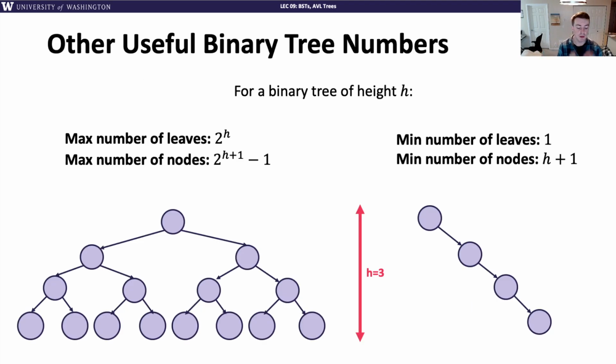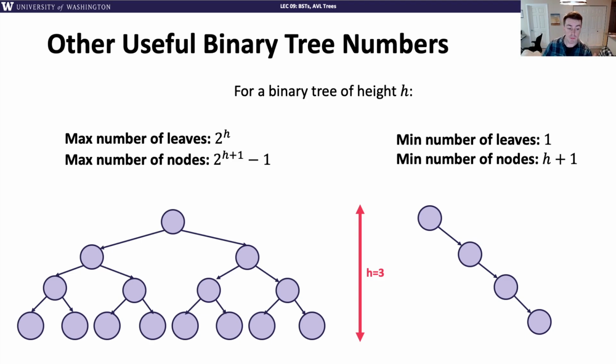So here's an example of 2 trees that have the same height. They both have height 3, but they look very, very different. Consider the tree on the left. There's this nice, big, beautiful, bushy tree where each node has 2 children up to the point of the leaf nodes. On the tree on the right, each node only has one child.